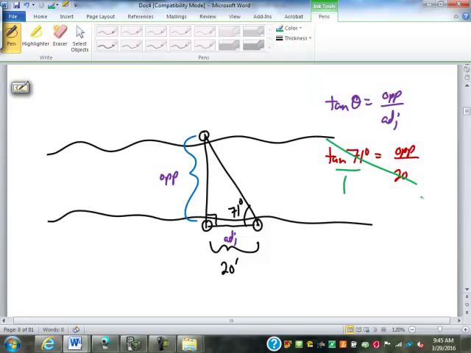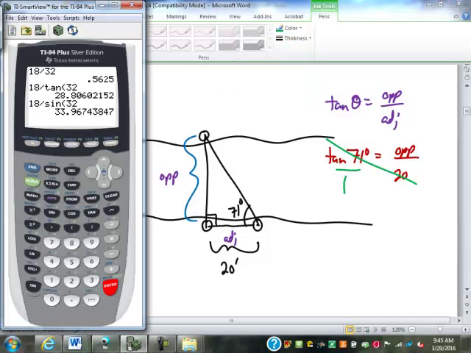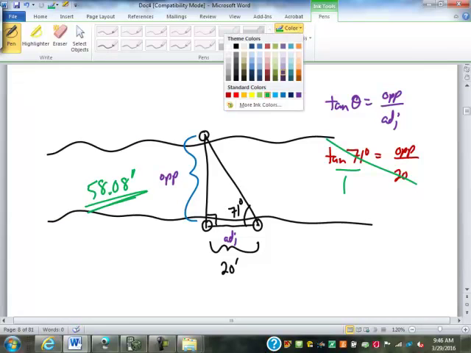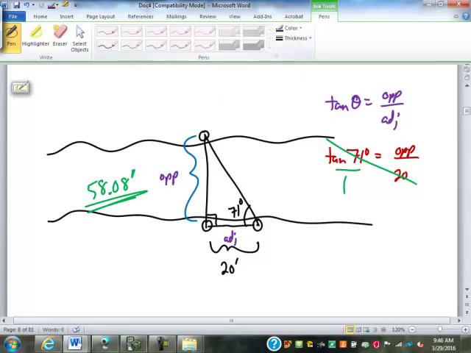Put this over 1, we can cross multiply and divide. So tangent of 71 times 20 divided by 1 is 58.08. So 58.08 feet. Anybody get something different? Okay, good, because you would have done it wrong.